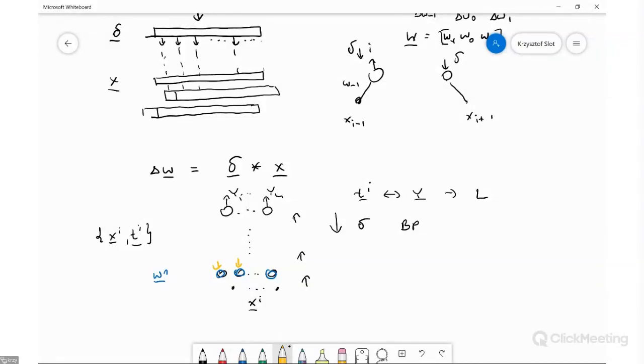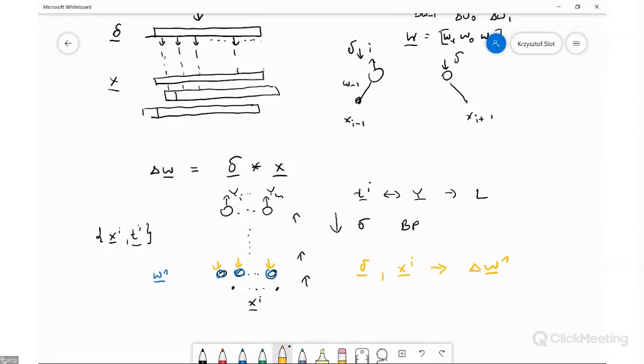So I will be able to identify what are individual errors that are performed by neurons of this first convolutional layer. And if I learn these neurons, this will be this vector delta. Then, since I know xi, I can tell what should be the update to weights of this first layer neuron network weights.